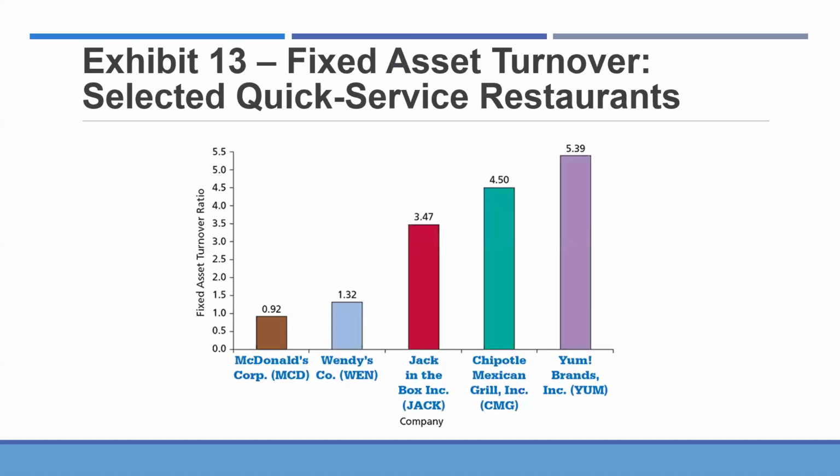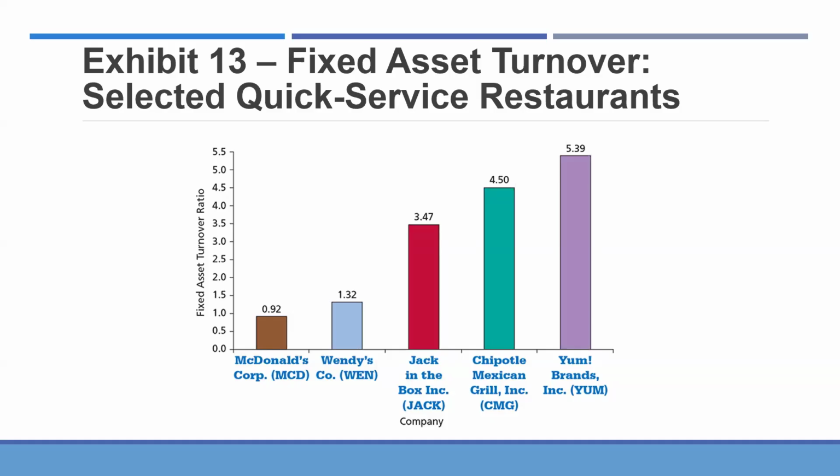And if we take a look at the fixed asset turnover ratio of all these different businesses in the fast food industry, McDonald's has one of the lowest asset turnover ratios, and that's because they own more fixed assets compared to their sales compared to all these other companies. And if you've ever watched The Founder, right, the guy's like, we're not a fast food business, we're a real estate business.